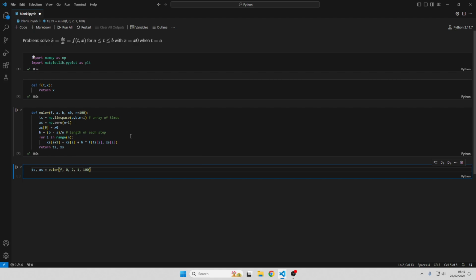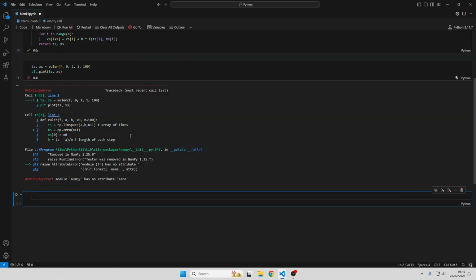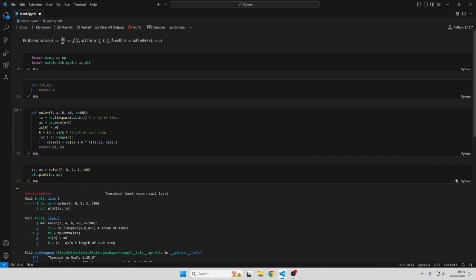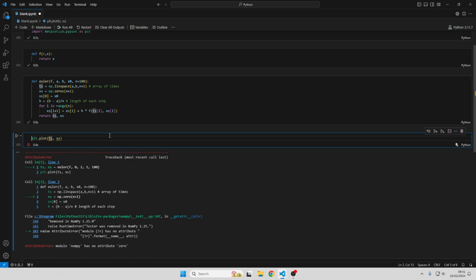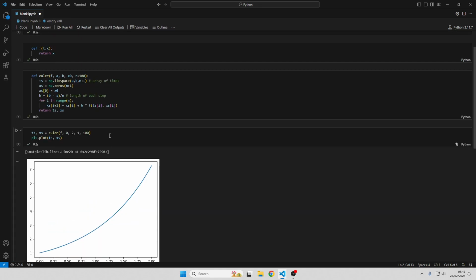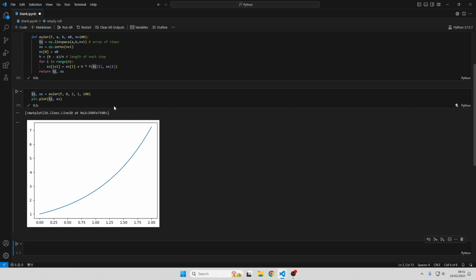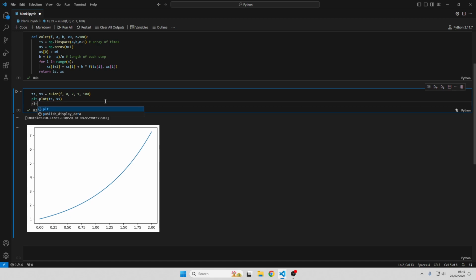So here we're going to solve x dot equals x for t running between 0 and 2, starting with x equals 1 at the initial time, and then we're going to plot the result. Yeah, we should have called that zeros instead of 0. And let's try again. Okay, so here we've got a graph, and it looks pretty much the same as the exponential graph, which is what we'd expect. But let's just check how accurate that is.